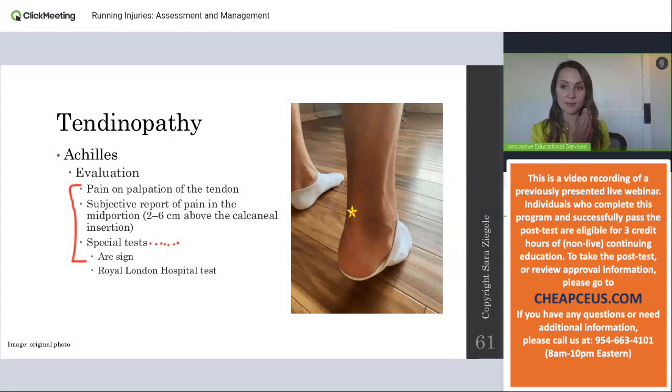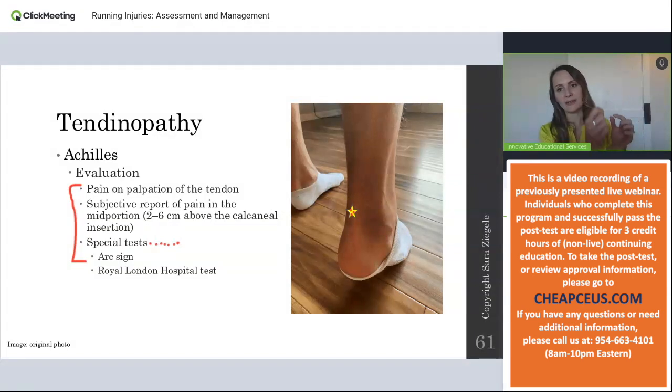Because yes, we have the Achilles tendon on the back, but in addition to the tendon itself, you can also have an issue with the sheath, the actual surrounding of the tendon, or you can have an issue with the bursa at the back. These special tests are trying to differentiate between those, and they both have in common that they locate the site of pain, and then go through the range of motion of dorsiflexion and plantar flexion with the foot.